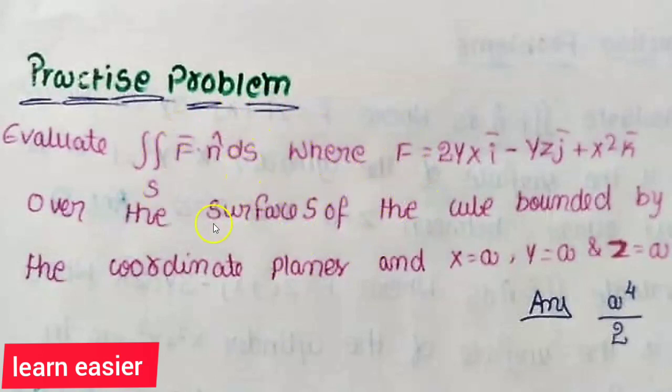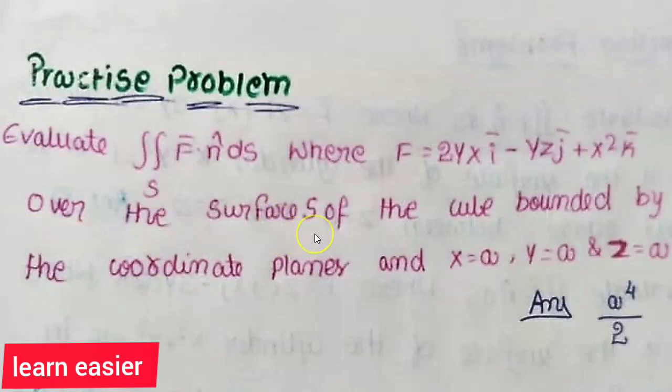So the cube is bounded by coordinate planes. The coordinate planes are x equal to 0, y equal to 0, and z equal to 0, and the remaining planes are x equal to a, y equal to a, and z equal to a. So by using these 6 planes, you have to find out the surface integral of the cube, and do this problem the same as the problem we have seen just now.